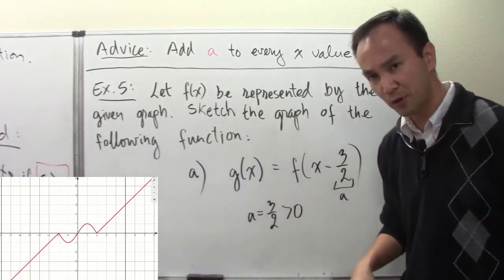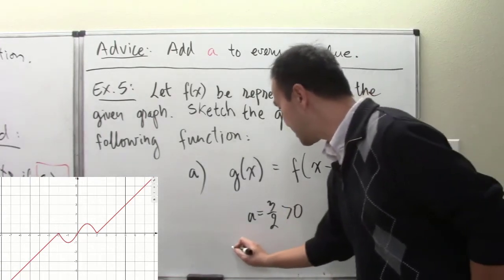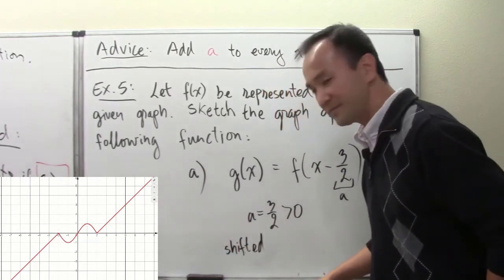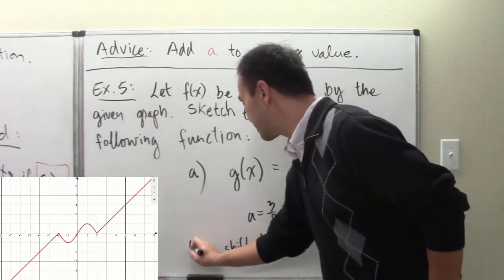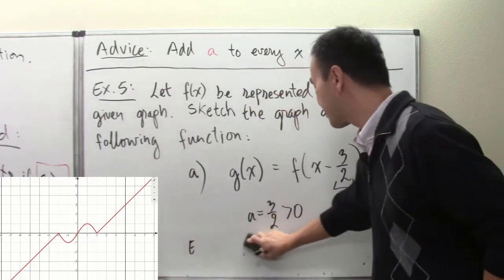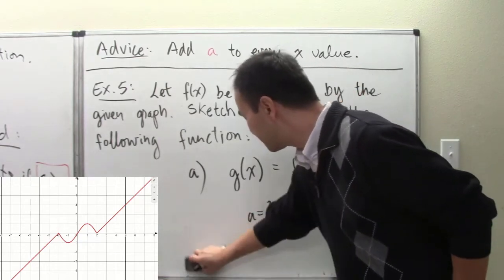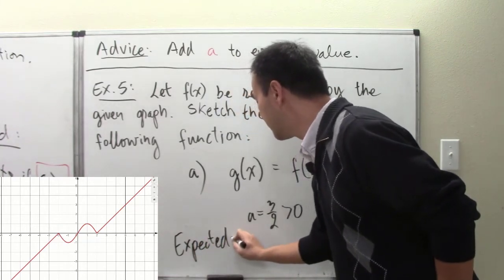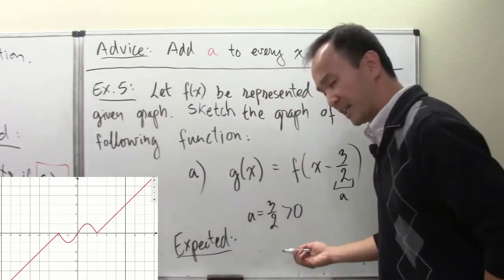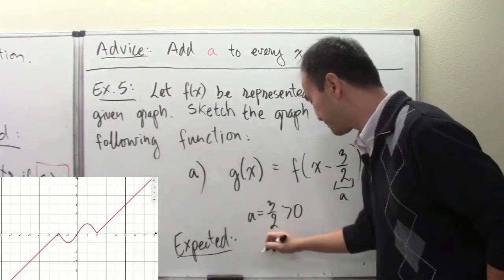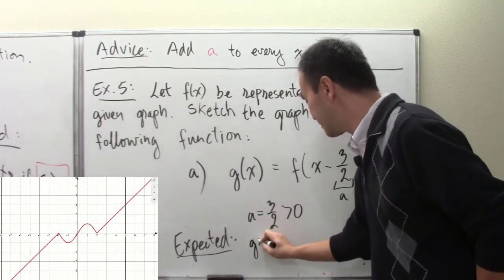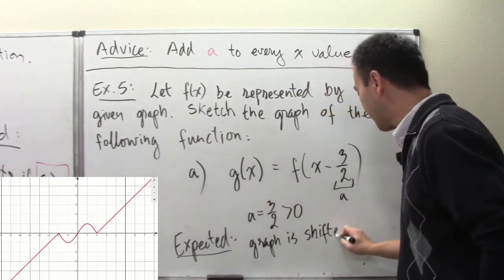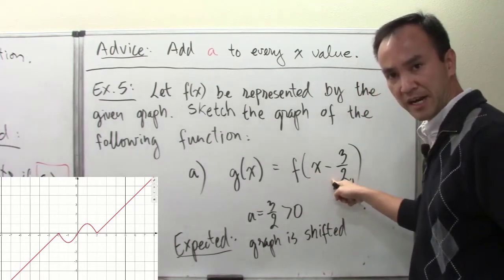So now there are a couple of expectations here. A being positive, this graph is shifted. What can be expected from this graph is that the graph is shifted, because we have x minus, or x subtract.